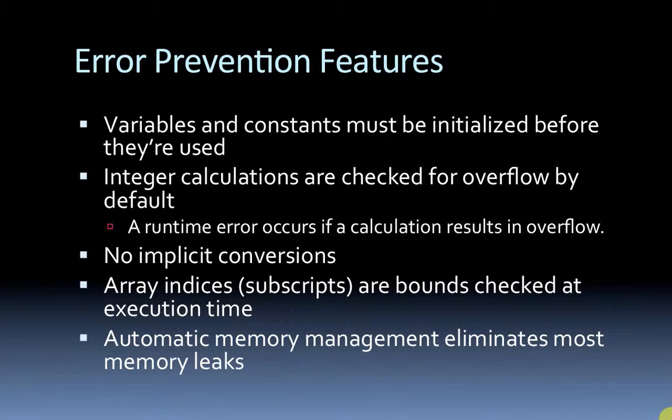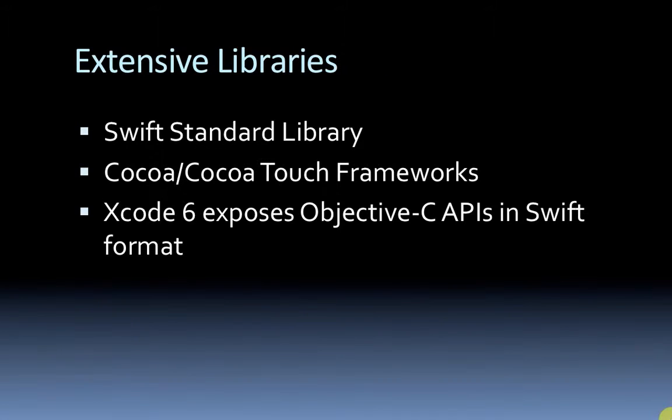So there is a concept called ARC, automatic reference counting, that helps determine when there are no more references to a given object in memory, at which point that object's memory is automatically reclaimed for you. Now, in addition to all of those language features and error prevention features, there are also extensive libraries for you to work with.